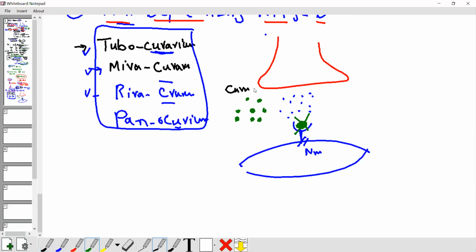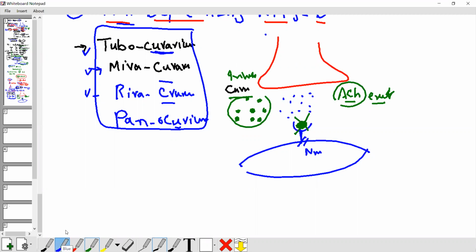Acetylcholine wants to excite, and Curare wants to inhibit. Now there's a competition between these two.